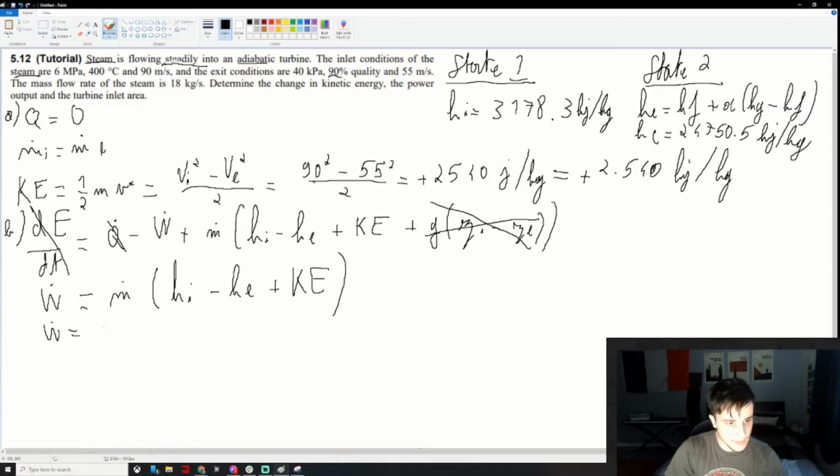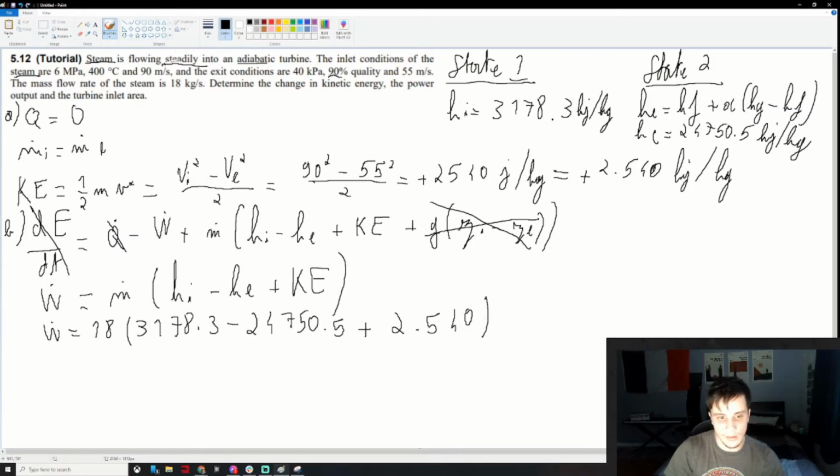W dot is equal to mass flow rate, which is 18 kilograms per second, times the specific enthalpy of the initial state, 3,778.3, minus 24750.5, and then plus KE, which we found to be 2. It's really small compared to the other types of energies, quite minuscule.